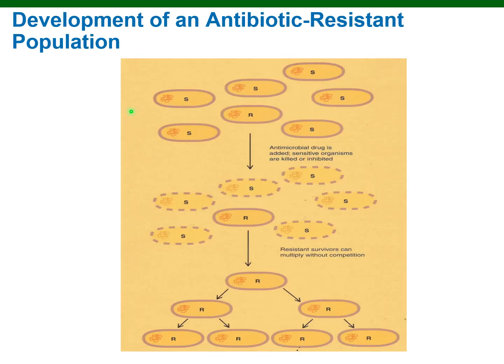Here is a fairly simple figure that shows the evolution of antibiotic resistant populations through natural selection. At the top, what we see is a population of bacteria that could be causing an infection. Within that population, the majority of bacteria would start out as S, labeled as sensitive to a given antibiotic.